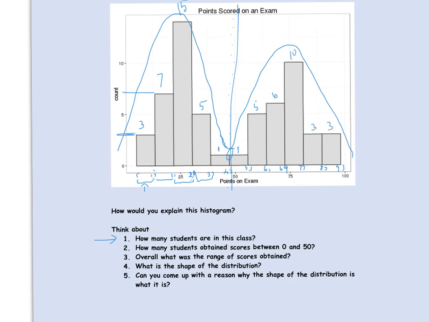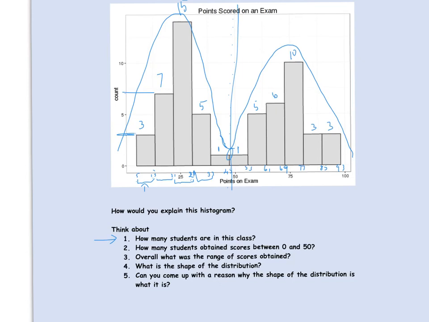So all the numbers that I have written on the top of rectangles in blue are the counts of the number of students that fall into each bin or each range of values of points scored on an exam.